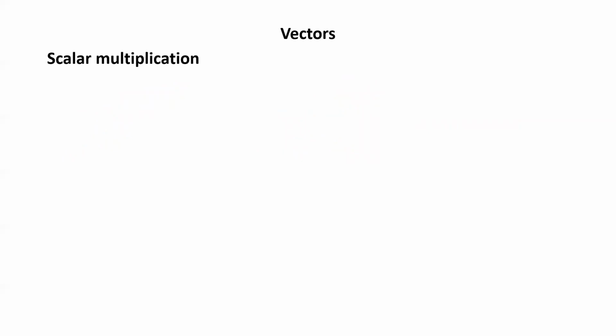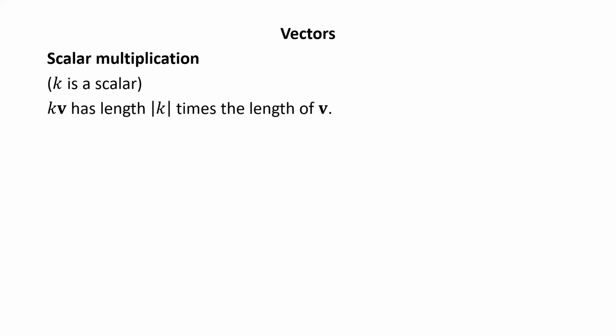Scalar multiplication. Okay, and what follows, the italicized k will be a scalar, meaning a real number. So k times the vector v is a vector that has length absolute value of k times the length of the vector v.